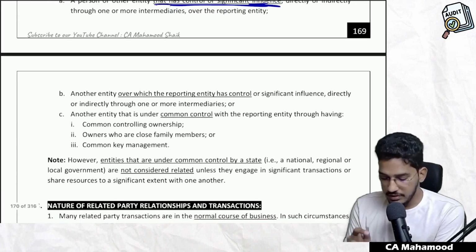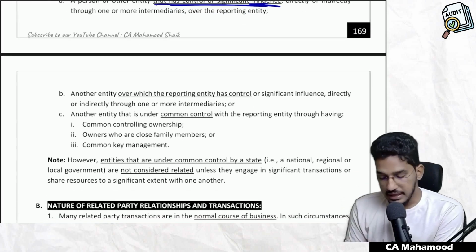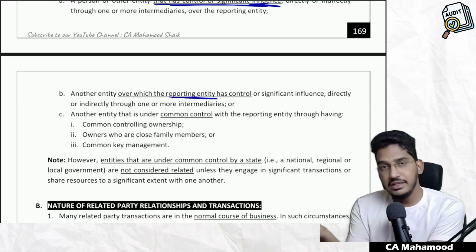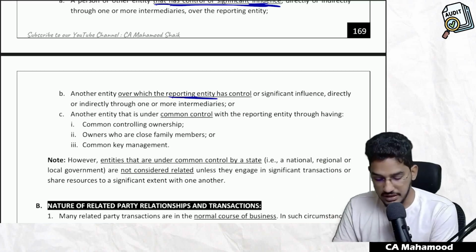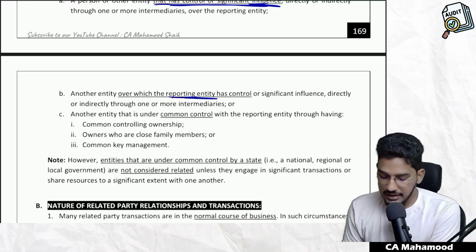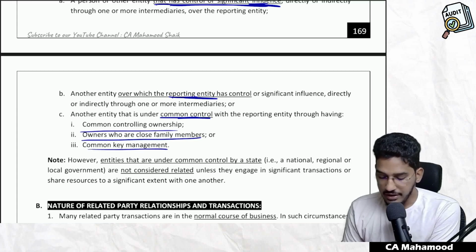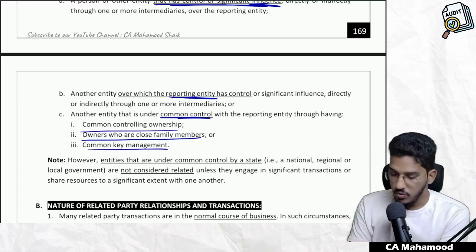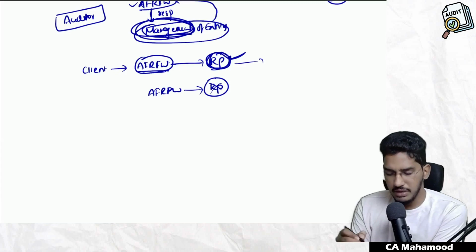And let me read all this, then I will try to summarize. Another entity over which the reporting entity has control or significant influence directly or indirectly, or another entity that is under common control with the reporting entity through having common controlling ownership, owners who are close family members, and common key management. Sir, what they are trying to say here, I will try to summarize it in a simple way.